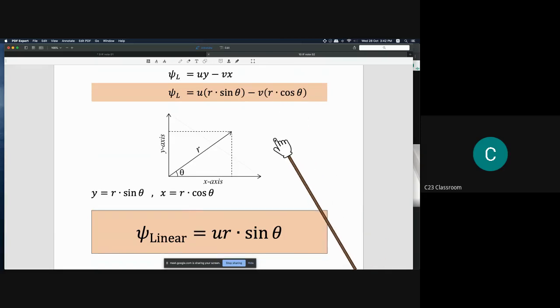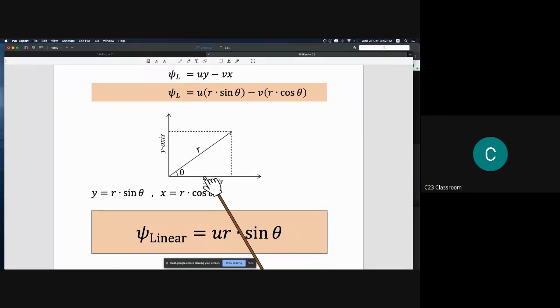Normally we will assume that the linear flow is parallel to the x axis. In a real situation, for example, the water flows from this point to this point at a certain angle. So if you are the person who wants to simulate the flow, why not just take the direction of the water flow to be parallel with the x axis?